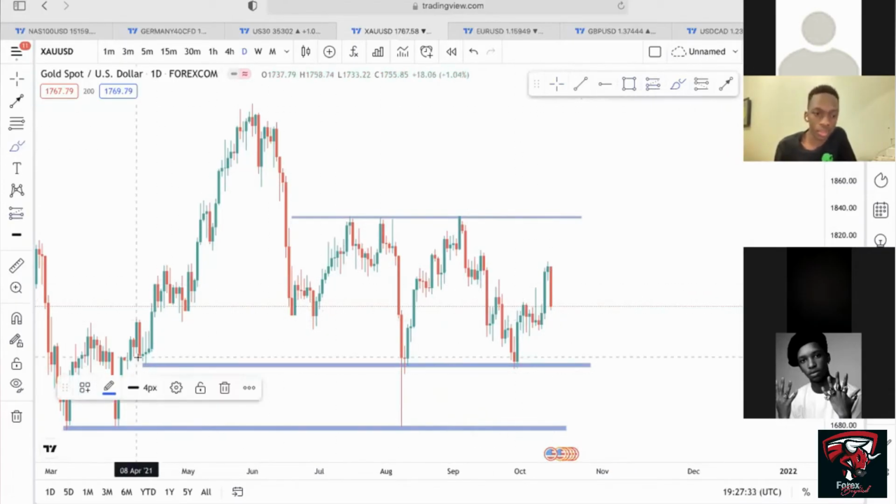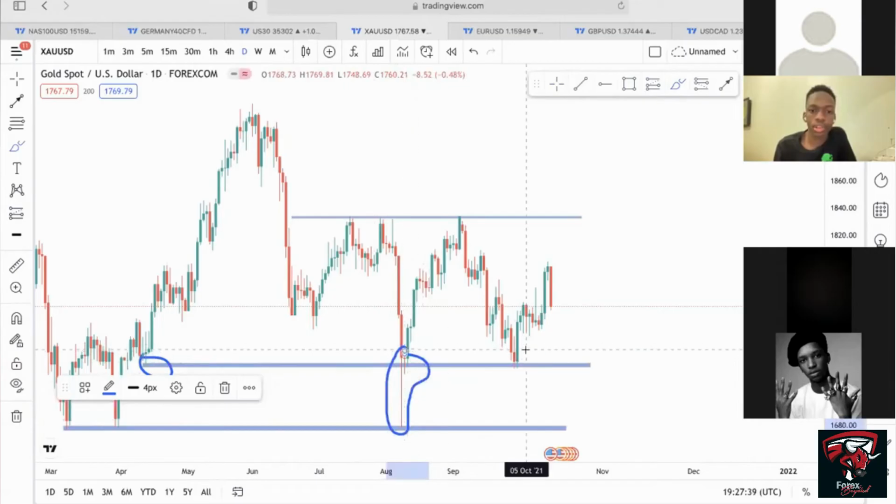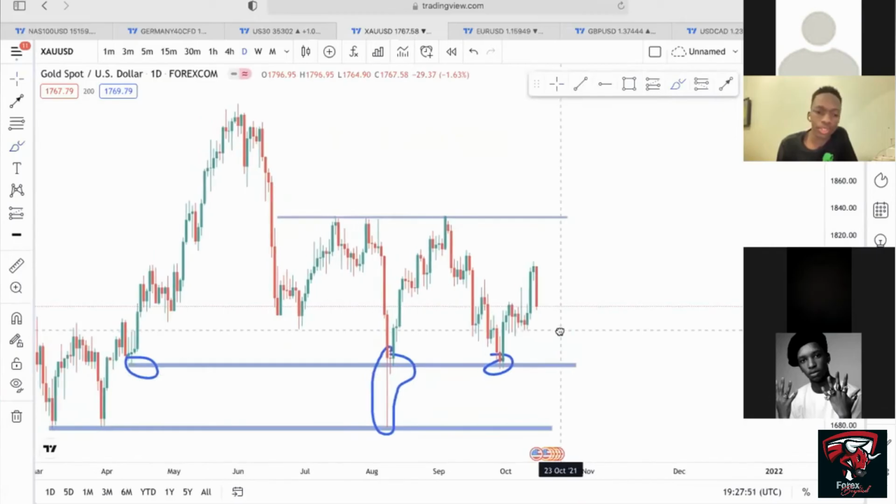So let me first explain. You can see that we have an inverse head and shoulders pattern first. Left shoulder, this is the head, right shoulder. So obviously we would buy here, sell out, take profits over here, to the neckline. Based on this pattern, we know that the chances of gold reaching this zone are very likely.